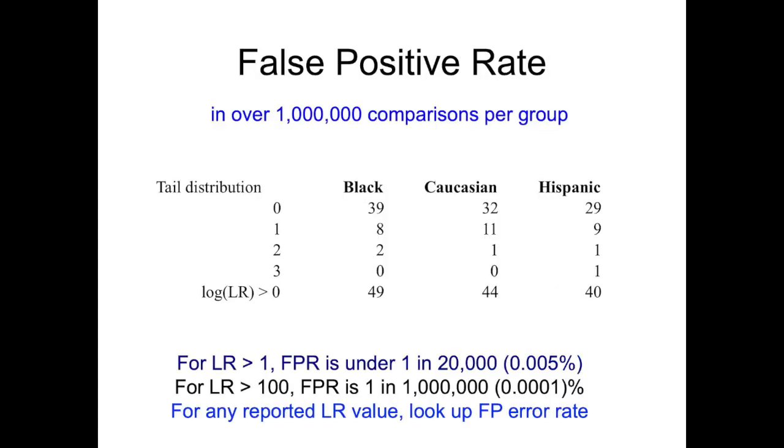Next slide. And so here we see that for match statistics in bin 0, those are numbers between 1 and 10. There were a few numbers that were greater than log LR 0. Oh, that should be log LR equals 1, greater than 1. That's okay. We'll keep going.